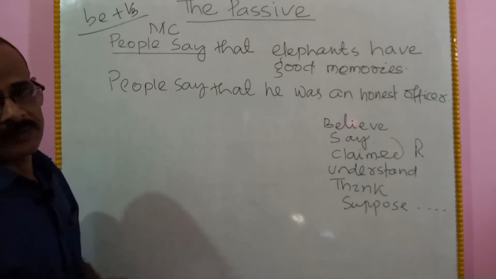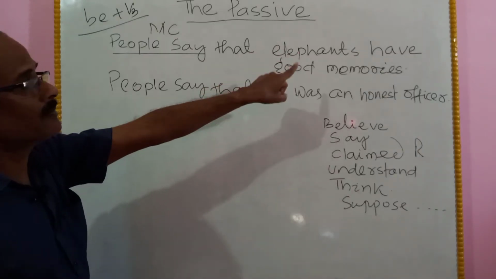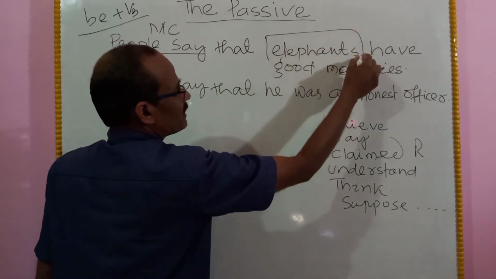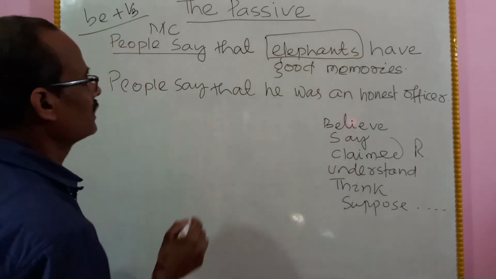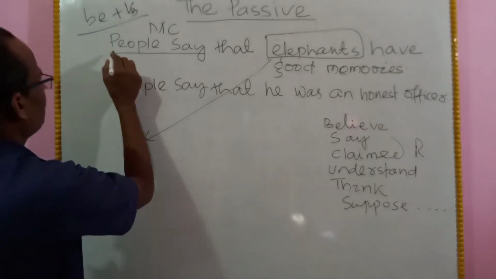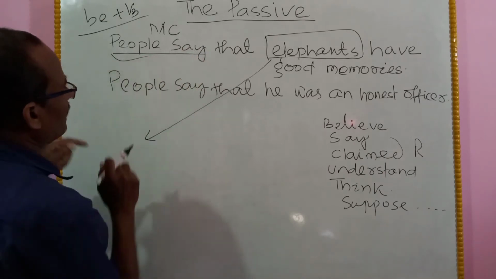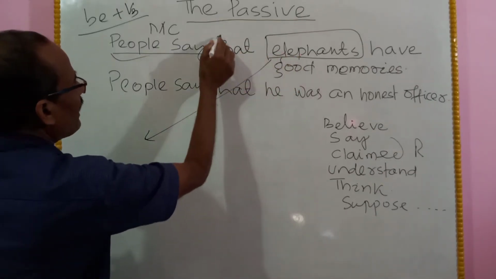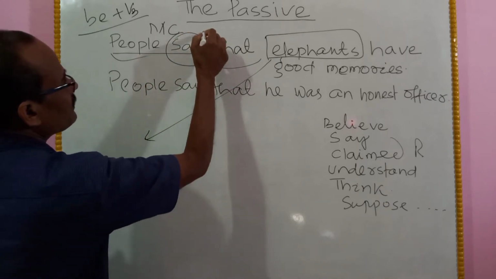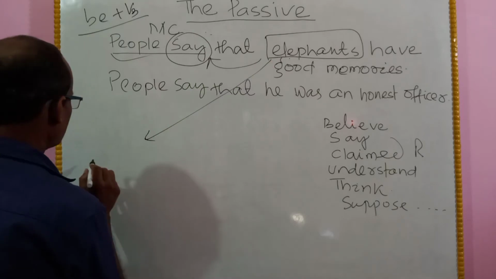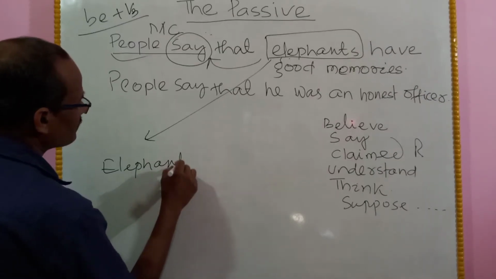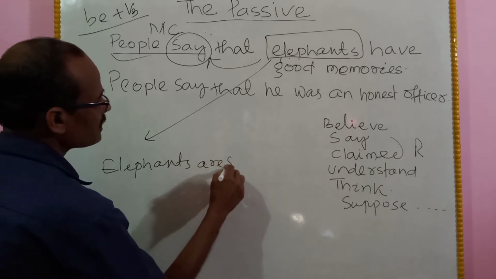But when we change the subordinate clause to passive, the subject of the subordinate clause becomes the subject of the passive sentence. For example, people say: elephants are said. The reporting verb is in present tense, so elephants are said.